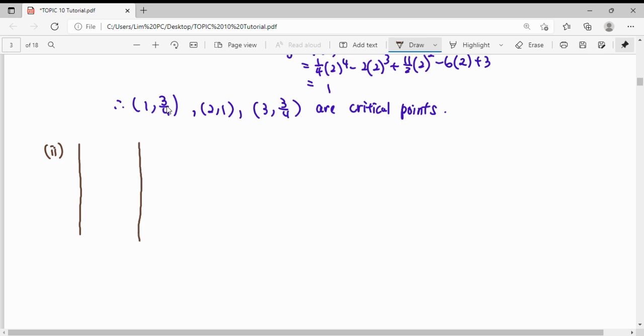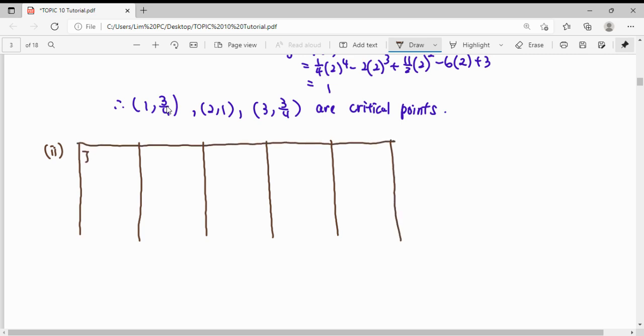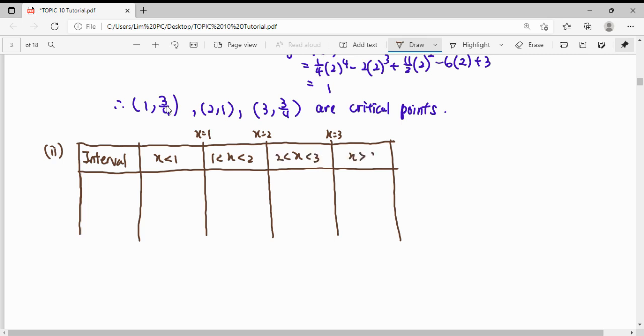Since we have 3 critical points, we will have 4 intervals. The first part is to define our interval. When we have x equals to 1, x equals to 2, and x equals to 3, our intervals will be x less than 1, and then x between 1 and 2, x between 2 and 3, and x more than 3.